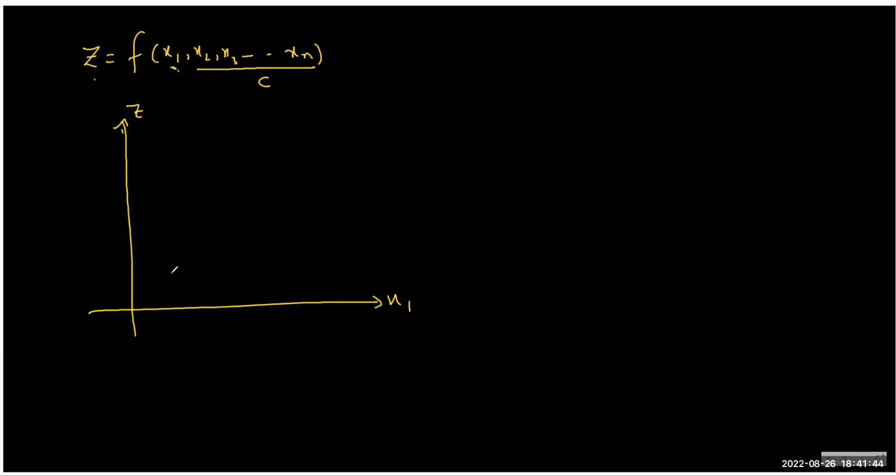So in this case, if I draw some graph and if I find some slope at a point, then this will be called the partial derivative del z by del x1. Because here we don't have exactly one variable, rather we have n variables, but if I treat the other variables, I won't be able to plot.